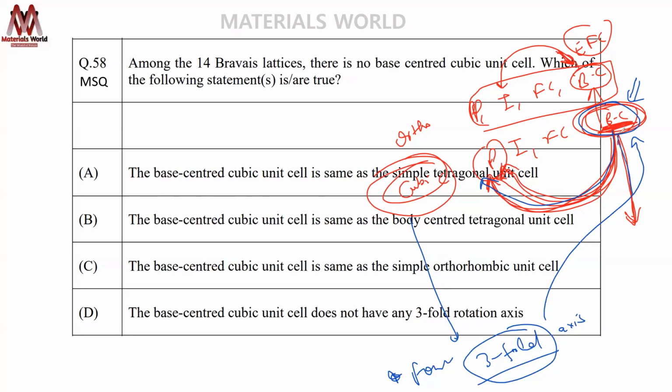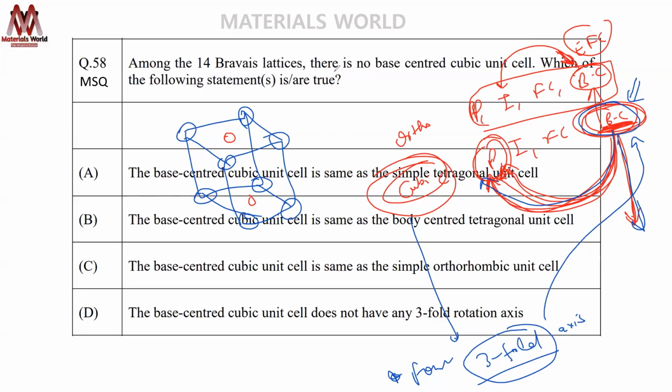Then it is a different base centered cubic, because by putting 2 extra atoms at the base, you understand my point? By putting 2 extra atoms at the base, it will repeat this primitive structure.